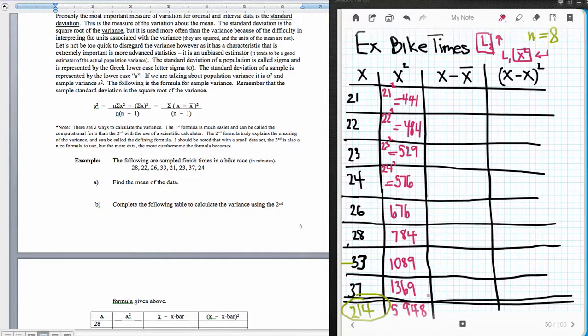So if we do that, we see that the sum of the x squareds for the original data, 21 through 37, is indeed 5948. So I want you to just be able to see what these look like. So let's first put that this was the sum of the x squareds.